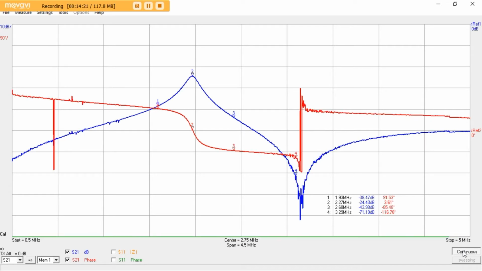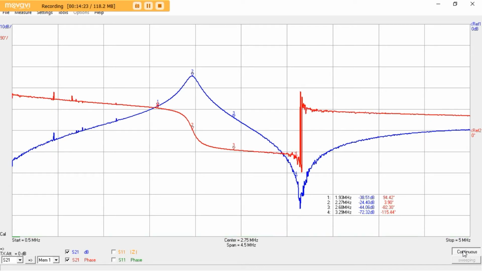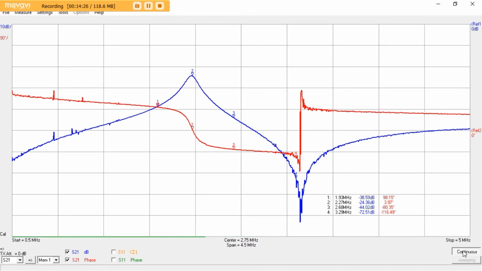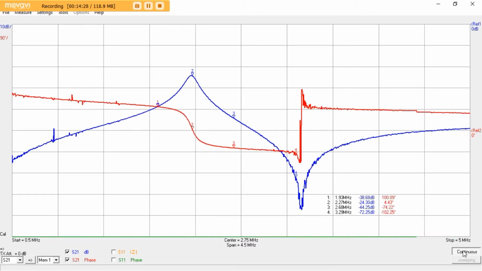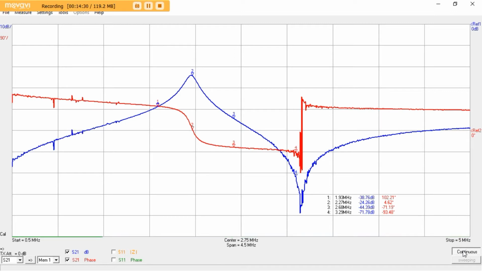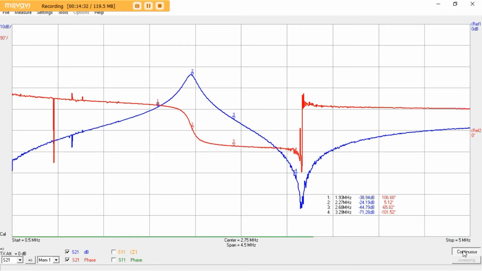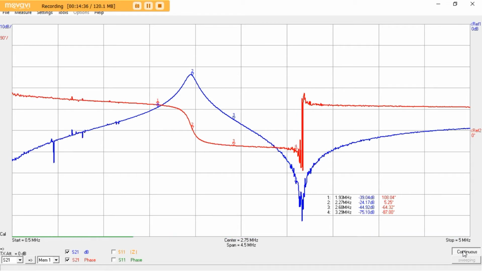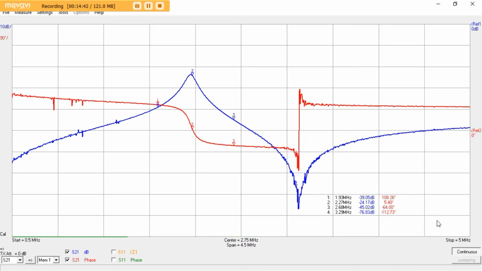So I'm in the process of decreasing that. Appears to make very little difference to the transmission gain, just maybe a slight shift at marker 2. We see that here marker 2 has shifted very slightly.